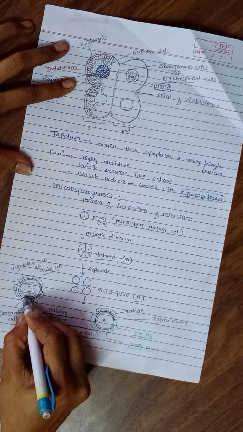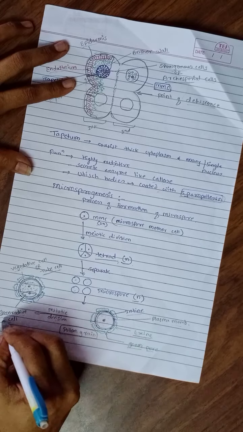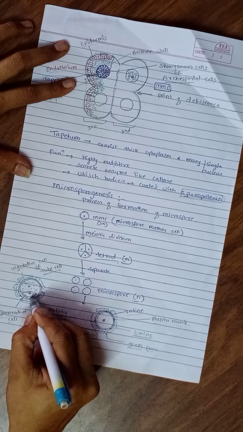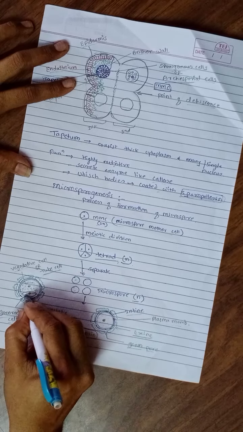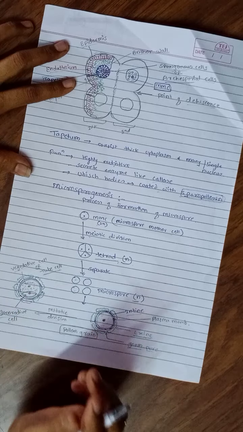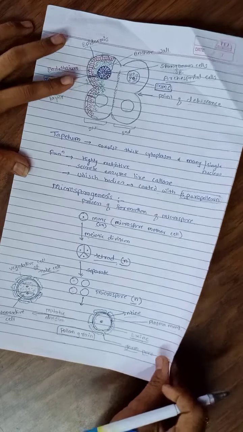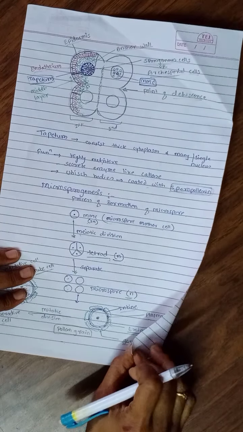And this small cell is known as the generative cell, from which the male gamete is formed. This generative cell floats in the vegetative cell. It consists of a small amount of cytoplasm. Okay, this is about the male reproductive organ. In the next lecture we will see the female reproductive organ.